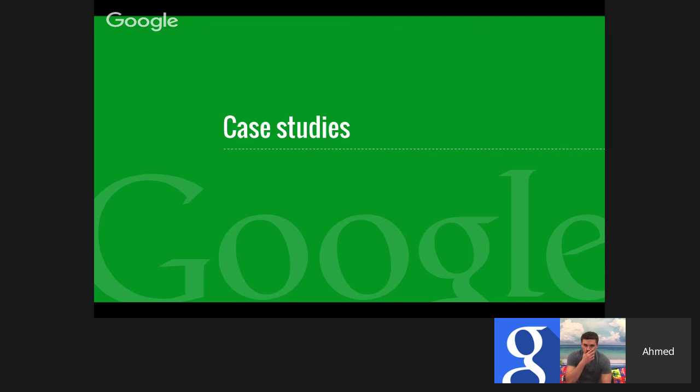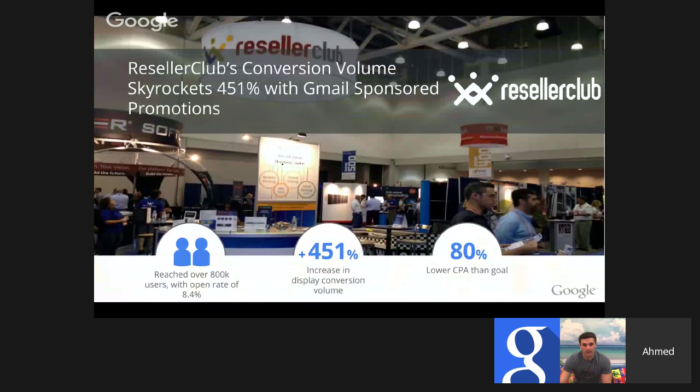So a little bit on case studies to give you an inspiration of how to set up and what kind of successes we've seen in the past. So Resellers Club conversion volume here that went and reached over 800,000 users with an open rate of 8.4%.